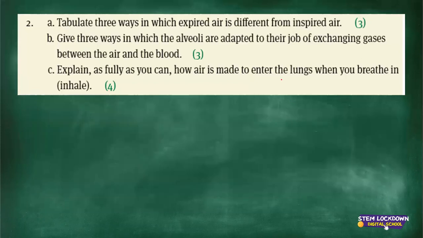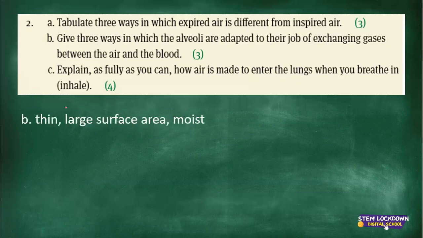And then question B, give 3 ways in which the alveoli are adapted to their job of exchanging gases between the air and the blood. Remember the requirements there? Alveoli are thin. They have a large surface area and they are moist.